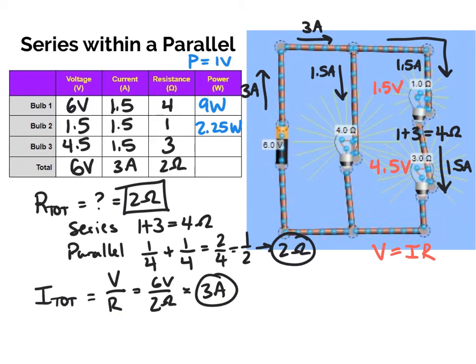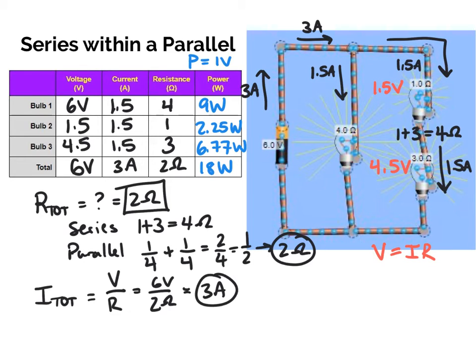I'm going to do the 4.5 volts times 1.5 amps, and that's going to give me 6.75 watts. And then lastly, if I want to find the total power throughout the circuit, I'm going to take the 6 volts times the 3 amps, which is going to give me 18 watts.